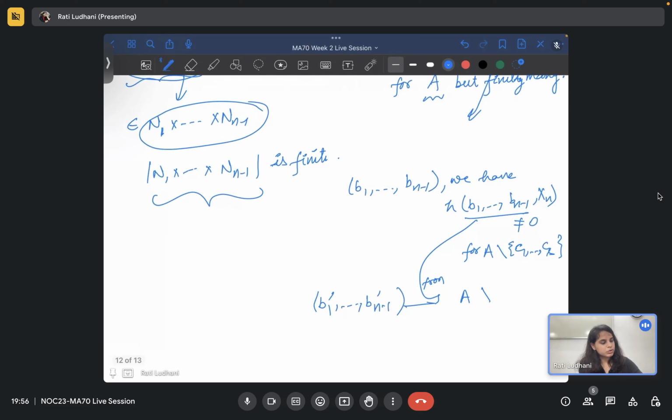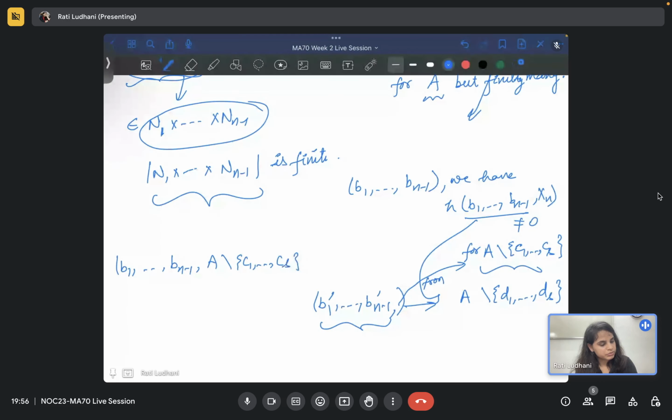If I take this, again I will get some finite set, let's say d1 to ds. Now I know that h is non-zero at these points, and these are coming from ni's, and b1 dash to bn minus 1 dash.